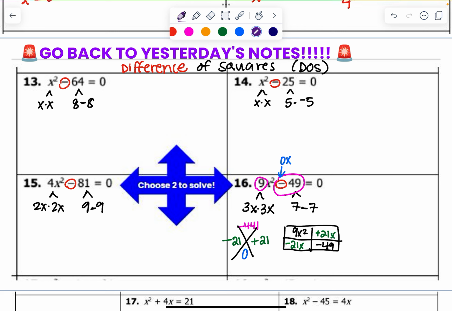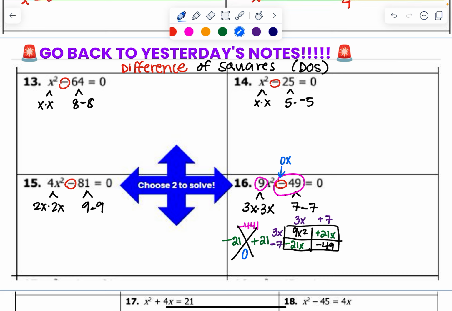Now we're ready to extract our greatest common factors from all parts. 9x squared and 21x have a greatest common factor of 3x. 21x and negative 49 have a greatest common factor of 7. Negative 21x and negative 49 have a negative 7 in common.